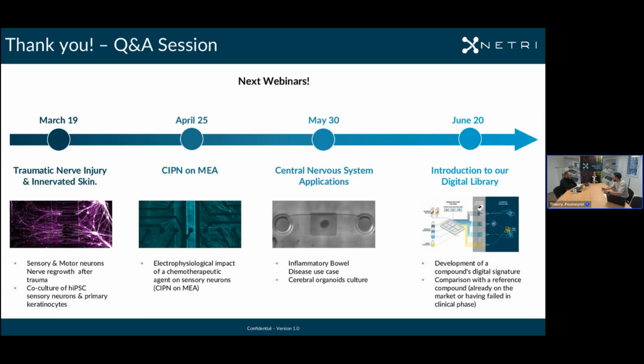So we haven't done it in-house. We have users that are doing it to combine neurons and myelinating cells, either Schwann cells or oligodendrocyte precursors. Okay. So it's feasible, and people are doing it.